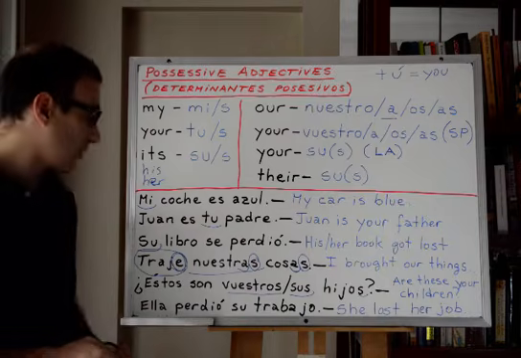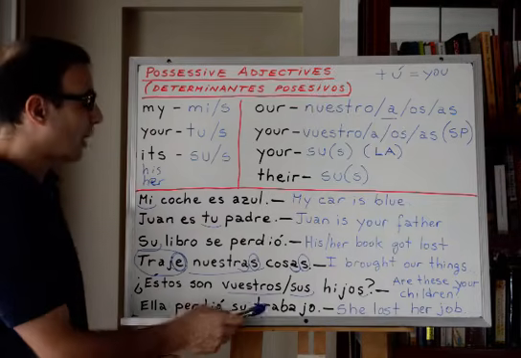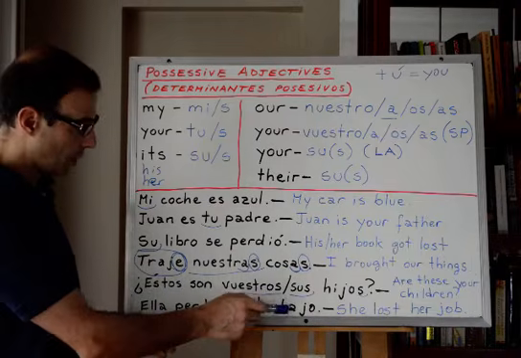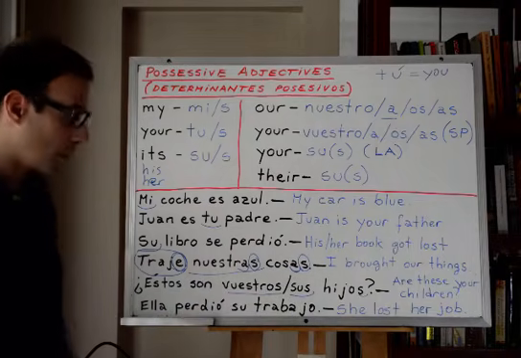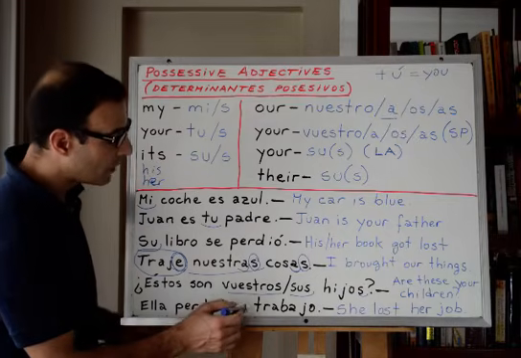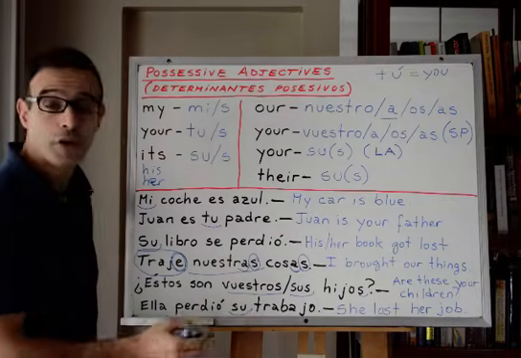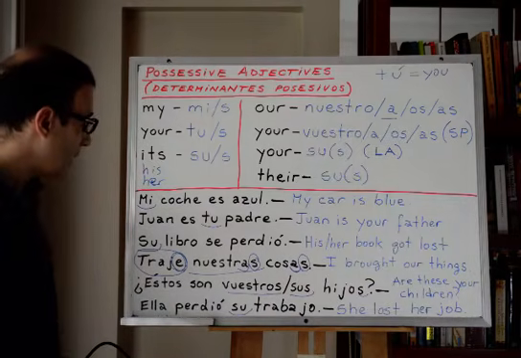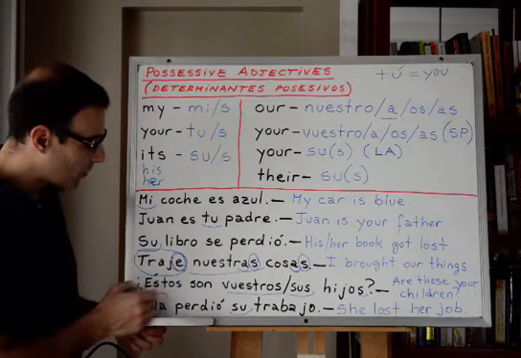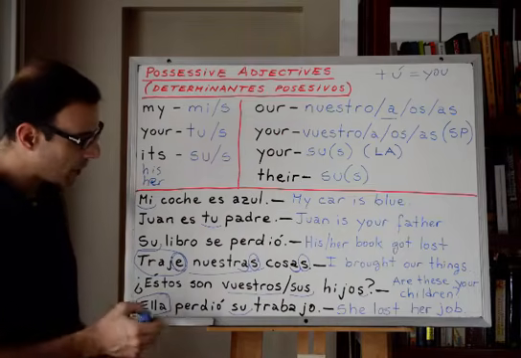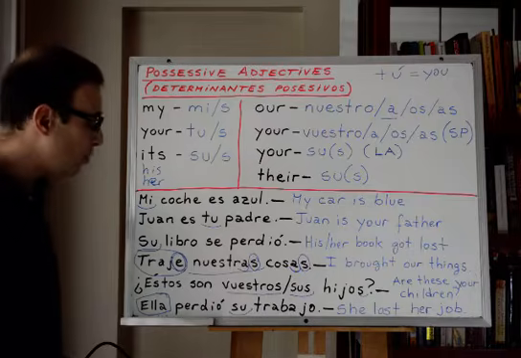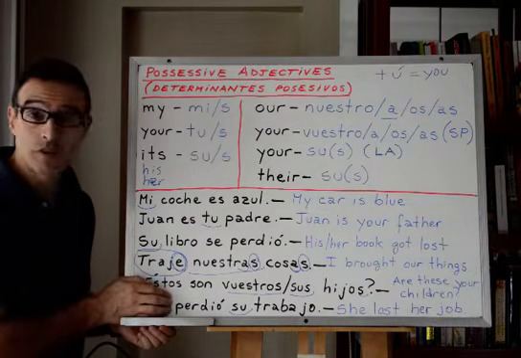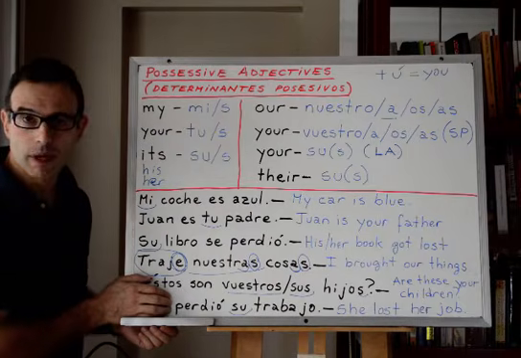And our last sentence is, ella perdió su trabajo. She lost her job. Now, how do I know that this su stands for her and not for his or for its? Because here we explicitly added the subject pronoun ella. The sentence would be perfect if I omitted the subject pronoun and just said perdió su trabajo.